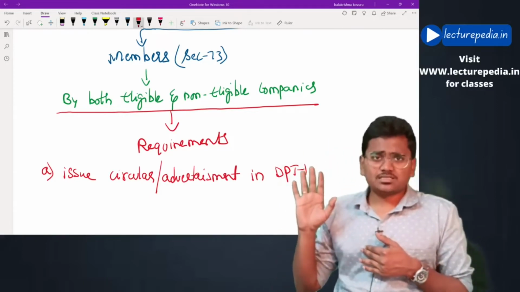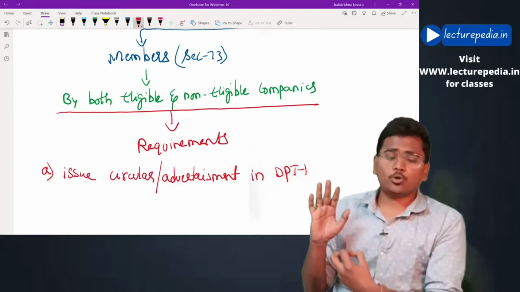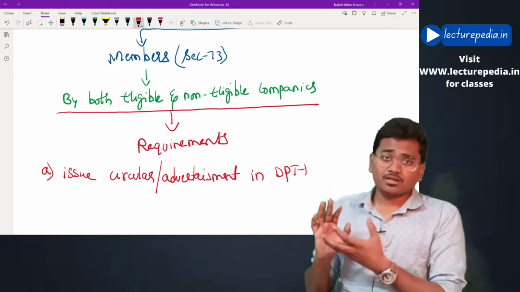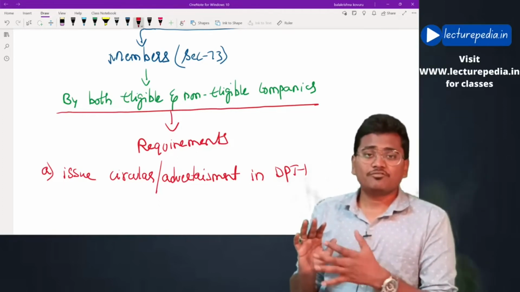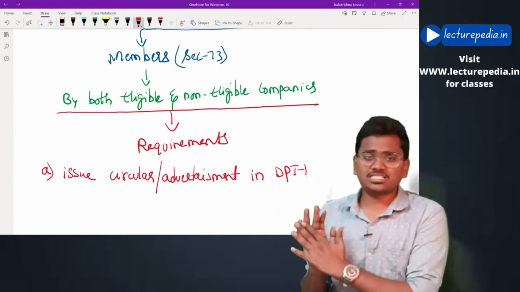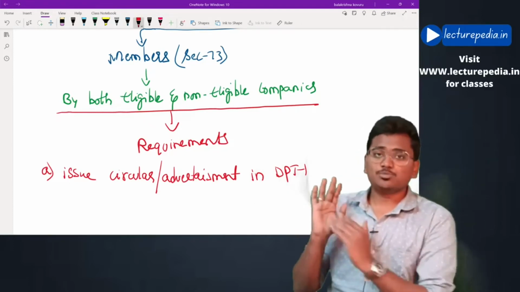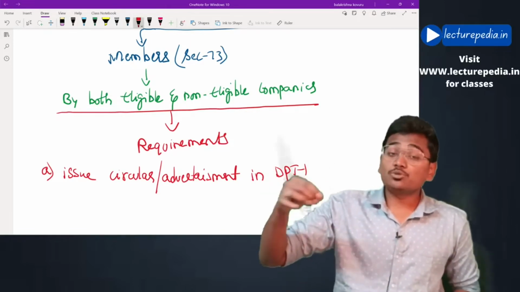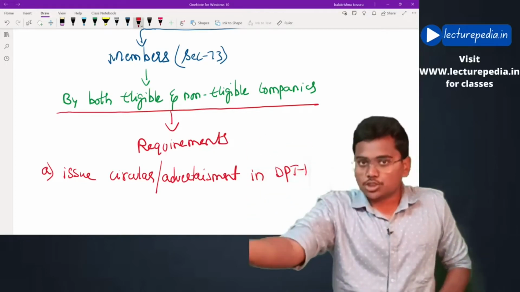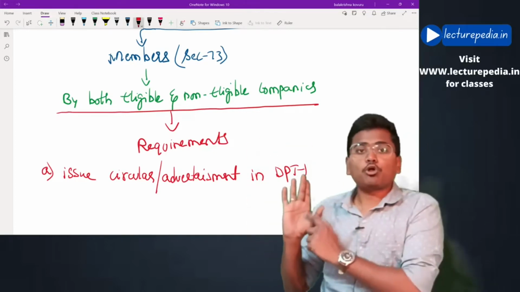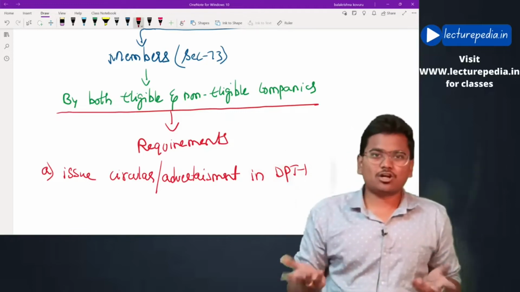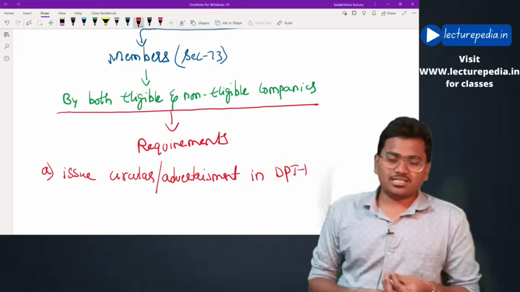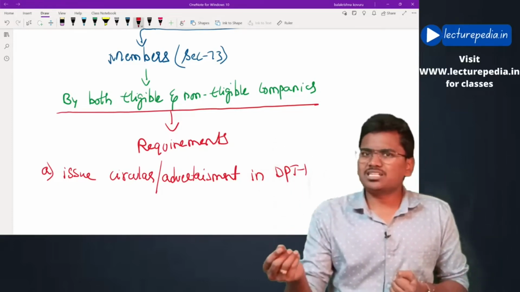In the prospectus it will be mentioned how much amount is being raised, what is the purpose for which the amount is raised, and the various business related financials. That is when the company is raising money by issuing securities. But here deposits are not securities, as we have discussed. If a company raises deposits, it will issue a deposit receipt.